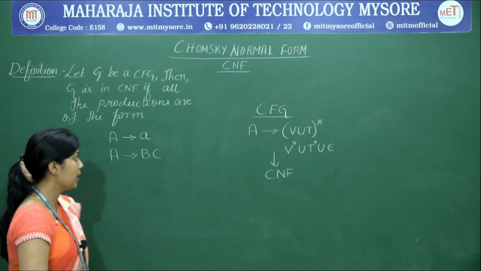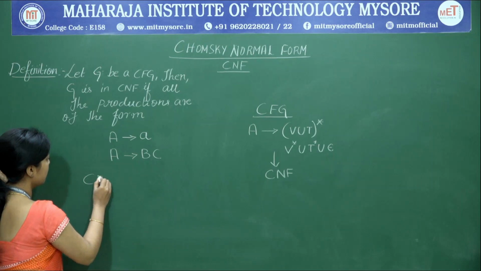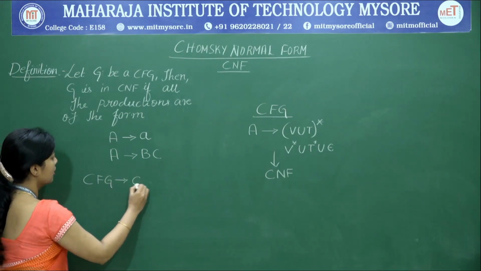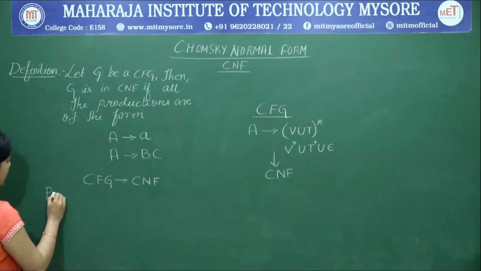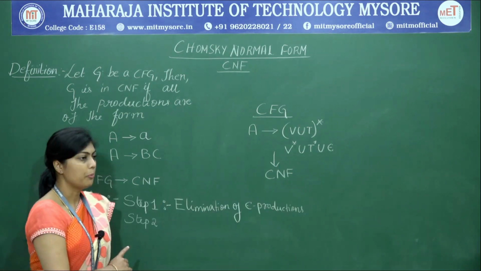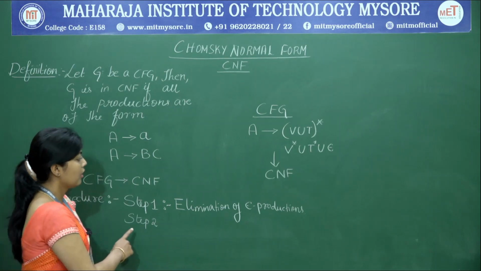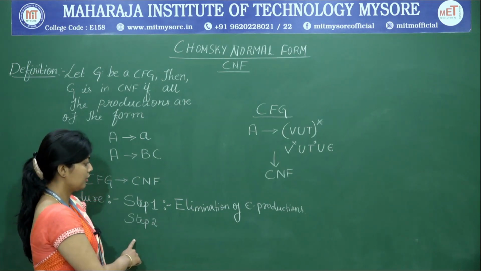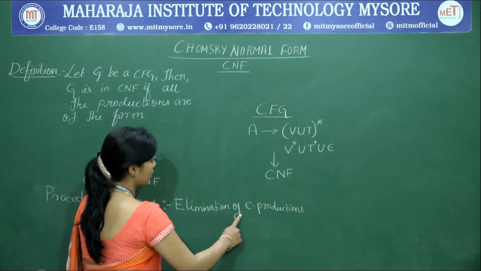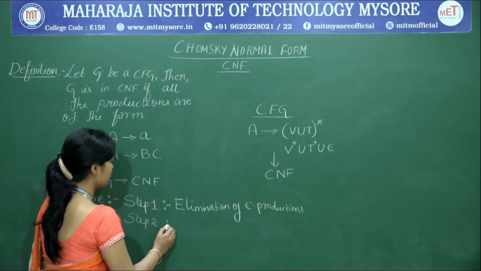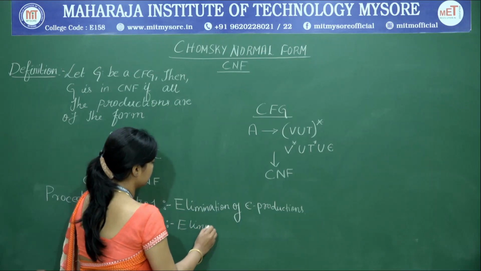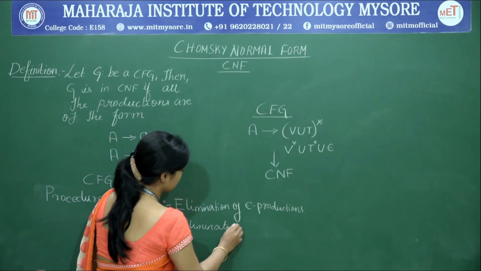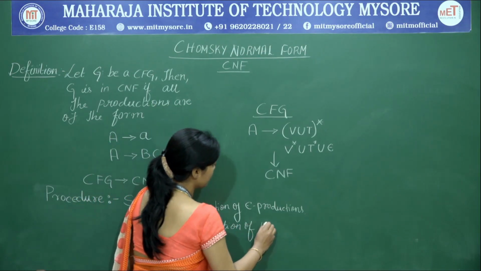So our aim is to convert the CFG into a CNF form. What is the procedure that we follow for this? Step 1 of the procedure for conversion of the CFG to CNF is elimination of all the epsilon productions. Step 2 is going to be elimination of unit productions.